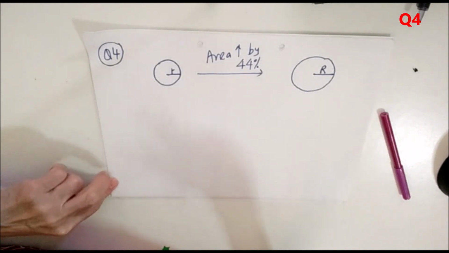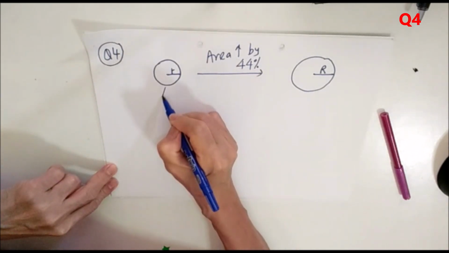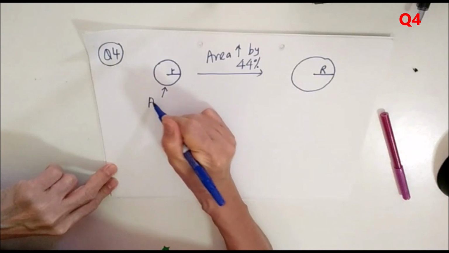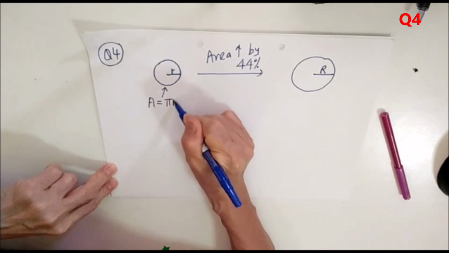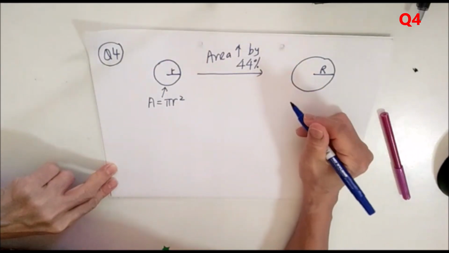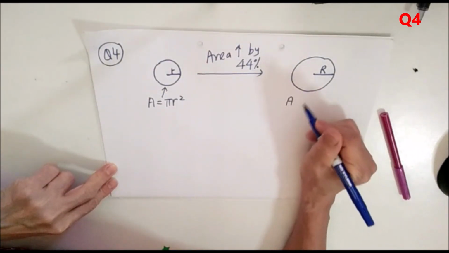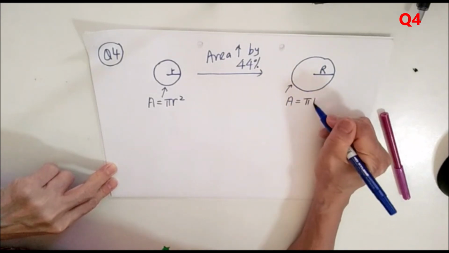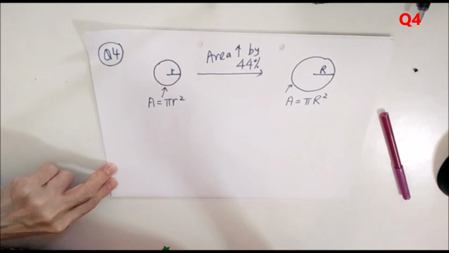So what we can do here is, the small circle, the original one, area is pi r squared, small r. Area of the big one is pi big R squared.